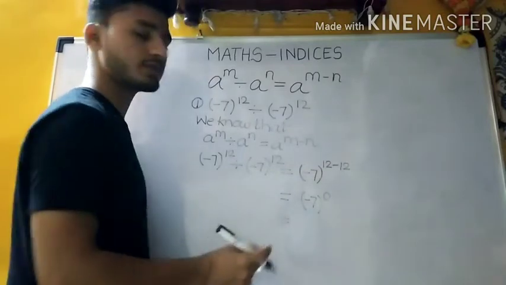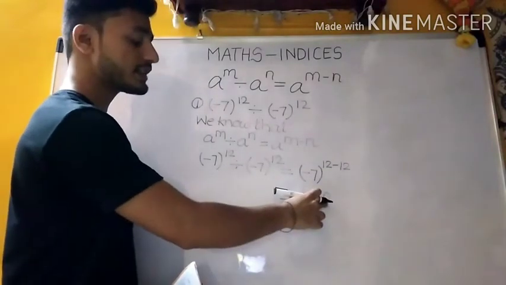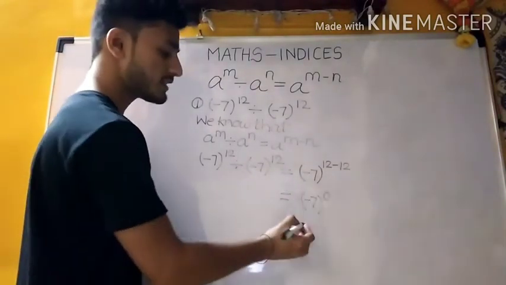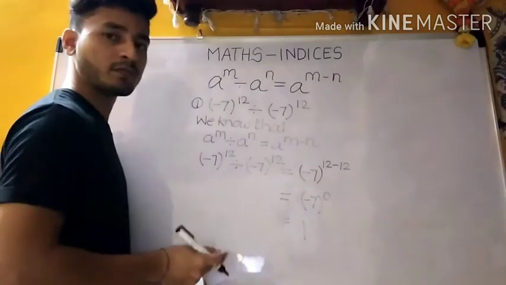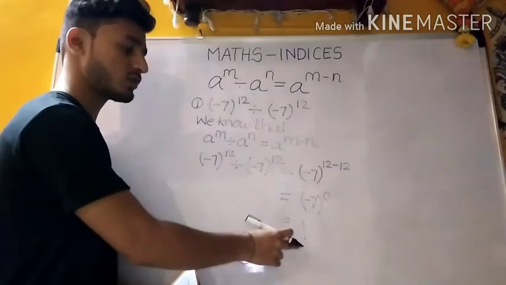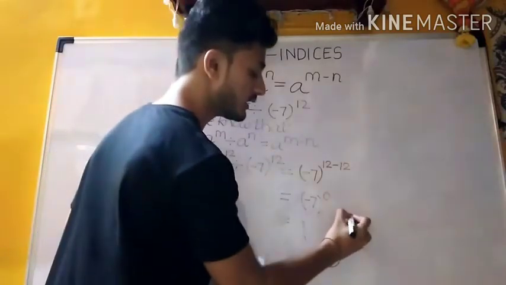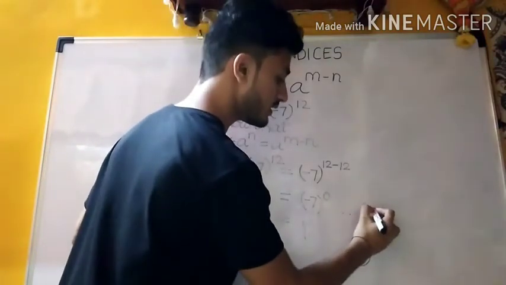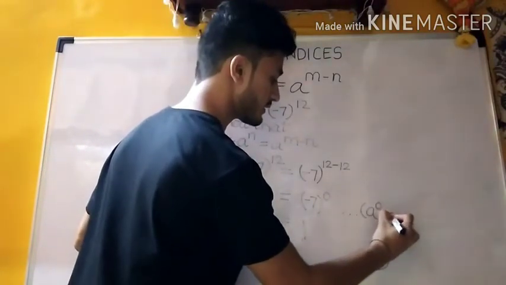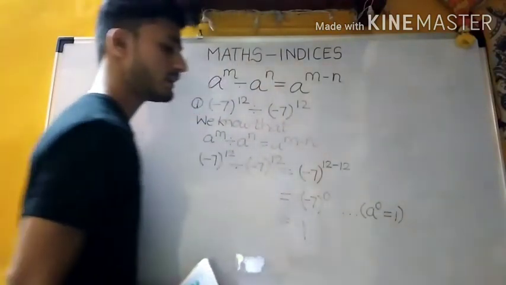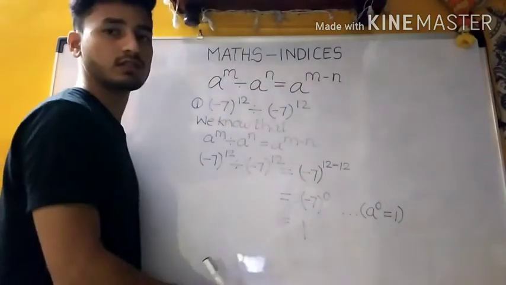Now again if you observe here, since the power is 0, the answer which we are going to get is 1. But how do we get this answer? We are going to first mention the law. So the law is a raised to the power 0 is equal to 1. And this is your final answer.